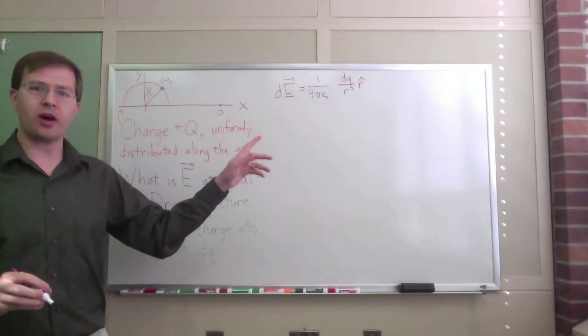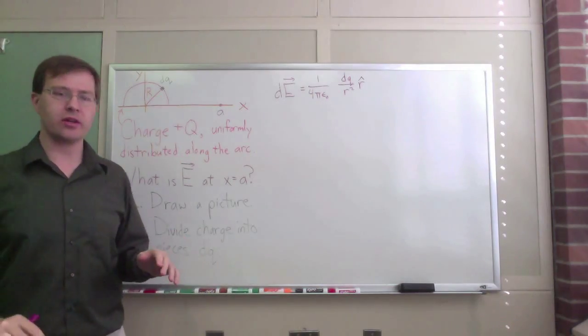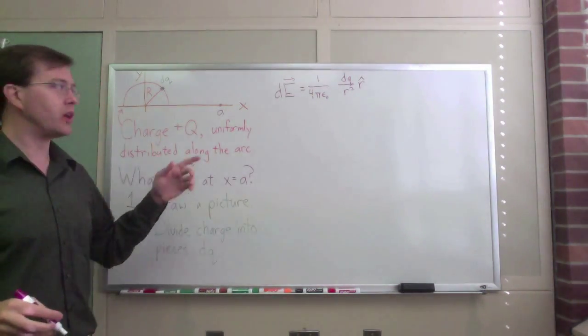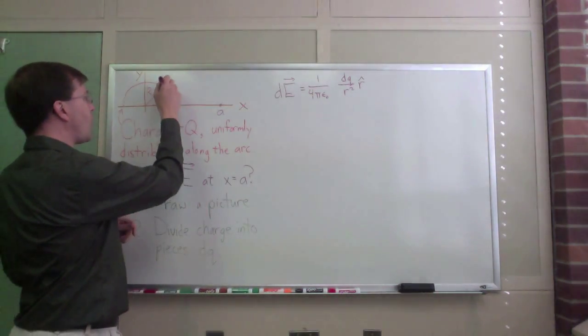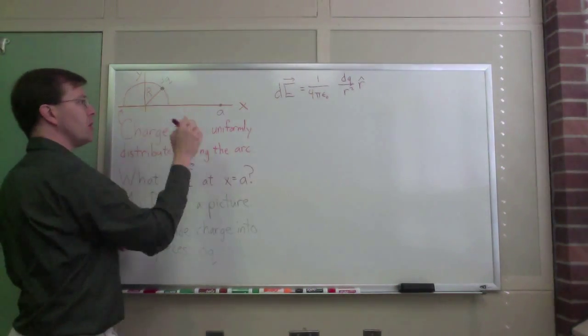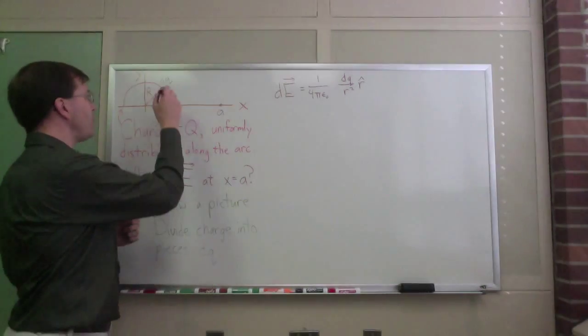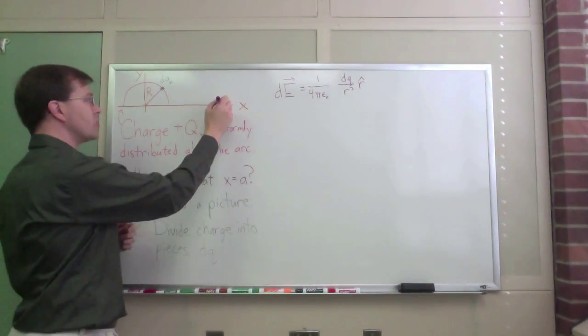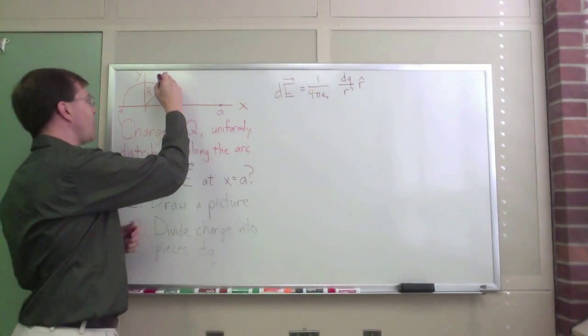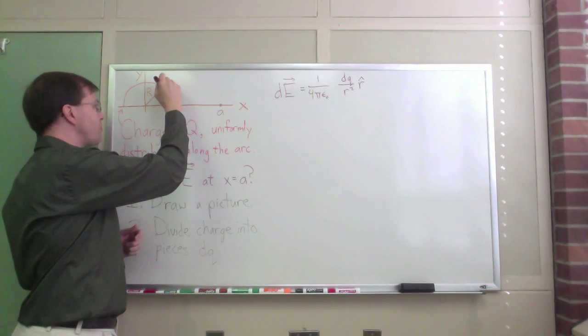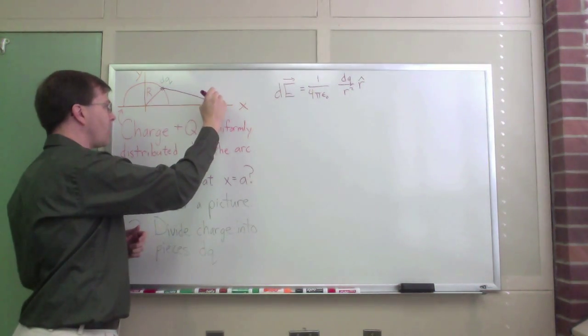I'm using ordinary lowercase r here, which is a little confusing here and there. But the ordinary r, I should draw that in my picture. Always draw it in your picture. The r, the distance and the direction that are interesting here, are from the source point, the dq, to the measurement point, a. So if I draw that in, the r that's important is this r right here.